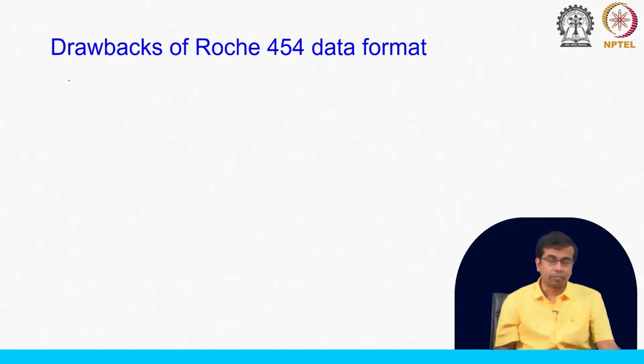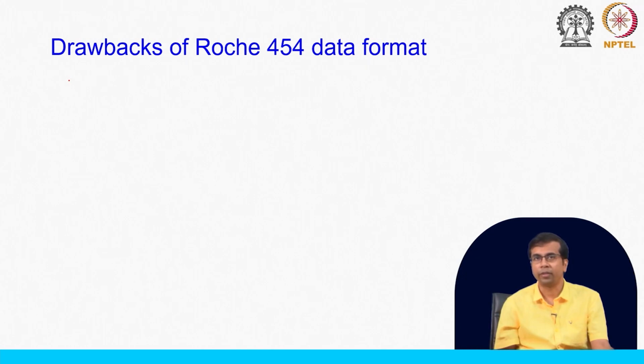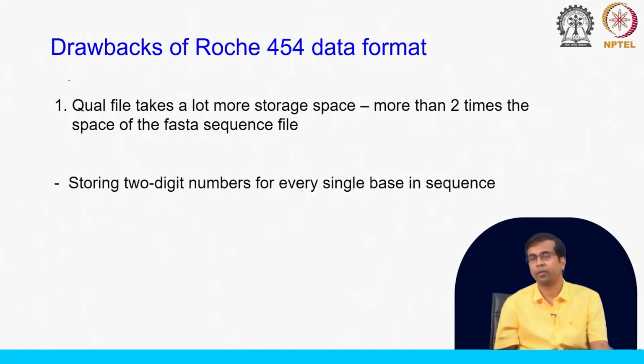So, what is the drawback? We have the quality score in 454 data. Why do we not use this FASTA file and quality file separately, and then we have the data? One thing you would probably notice is that the qual file, the quality file, actually takes more storage space, more than 2 times the space of the FASTA sequence file.